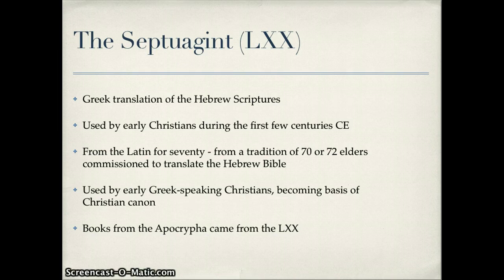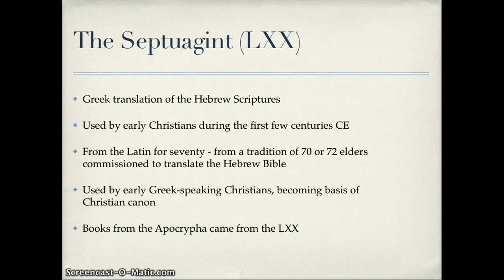Where did that word, Septuagint, come from? It's from the Latin for 70. There's a legend that 70 or 72 elders were commissioned in the 4th century BCE to translate the Hebrew Bible into Greek. And the legend is that these 70 or 72 scholars were placed in rooms independent of one another.